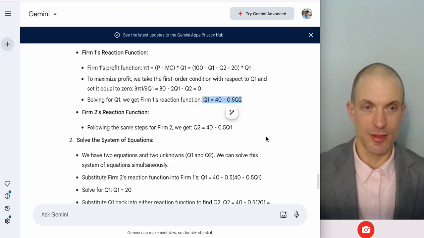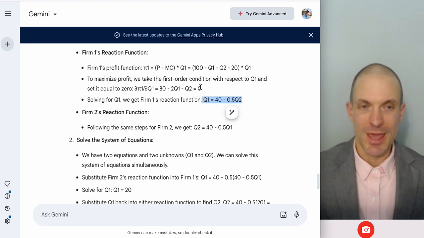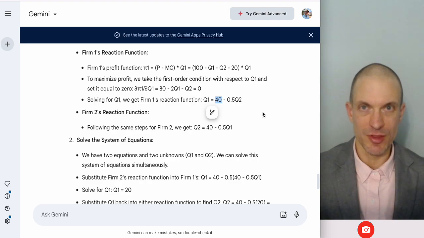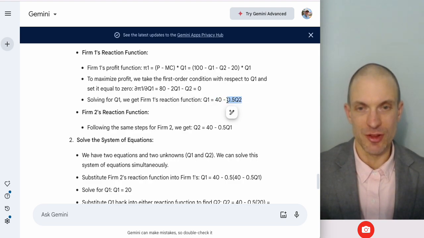They're writing it like this, which I really like, because you notice how I just said that? If we solve this for Q1, we might write this as (80 minus Q2) over 2, which is a fraction. Anytime you have that scenario, if this thing is nicely divisible by 2, you might as well make that division, because it cleans up the algebra when you're solving the system of reaction curves. So they wrote this as 40, fine, and then they made this minus 1/2 Q2.